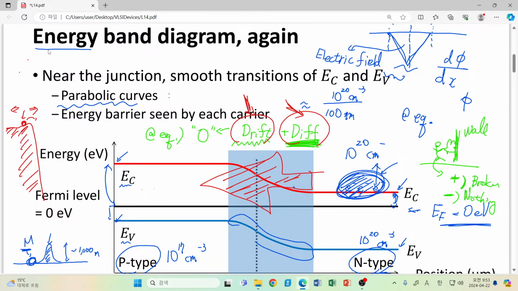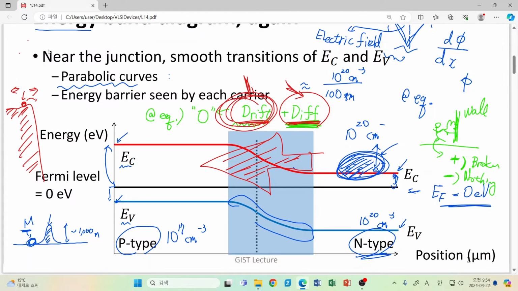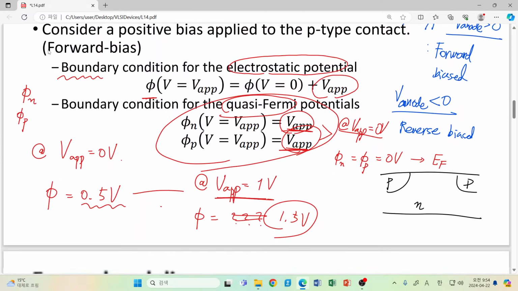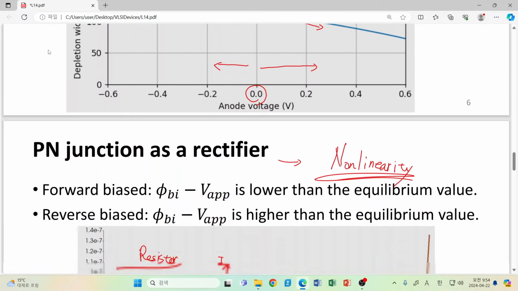If we have a slightly weaker drift, then we will have a strong diffusion current. However, if we increase the value of this drift term, then there will be nothing more. So that is the reason why we have non-linearity.